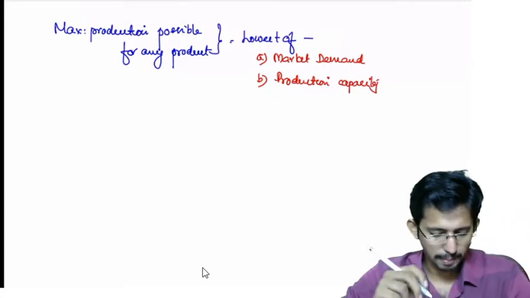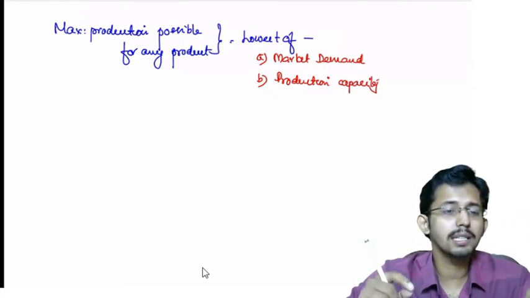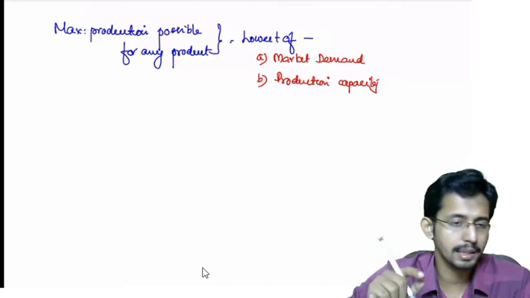Generally, the maximum production possible for any product is considered to be the lowest of market demand and production capacity.